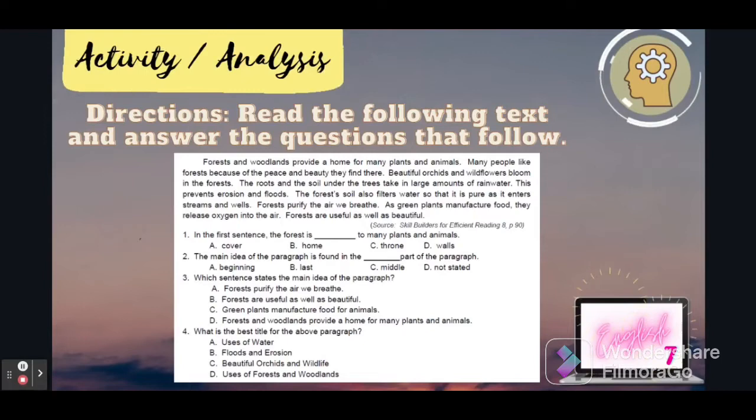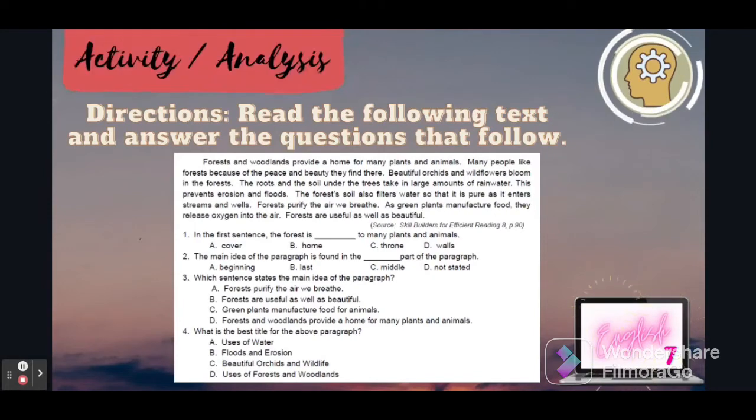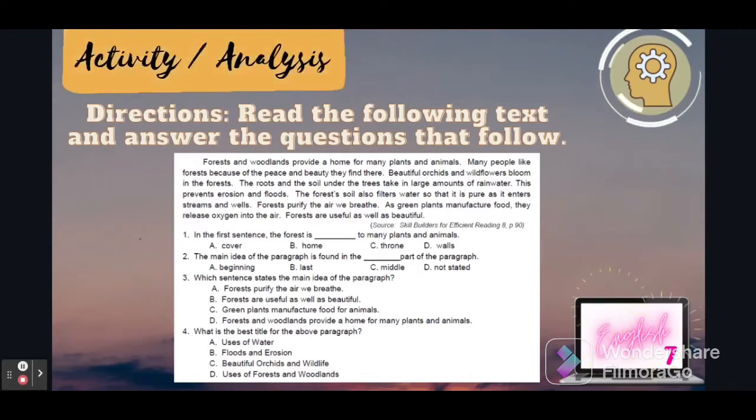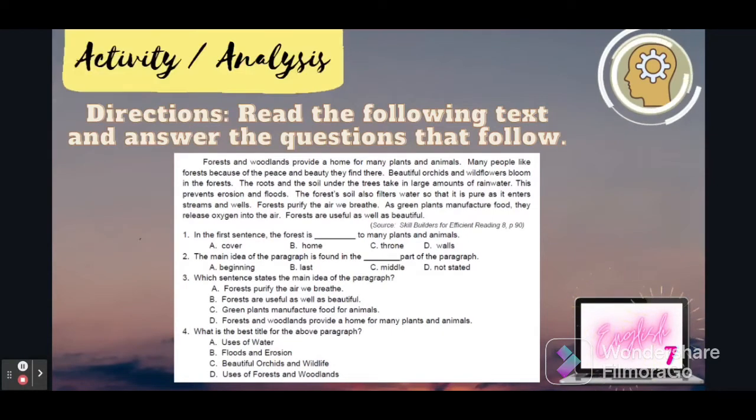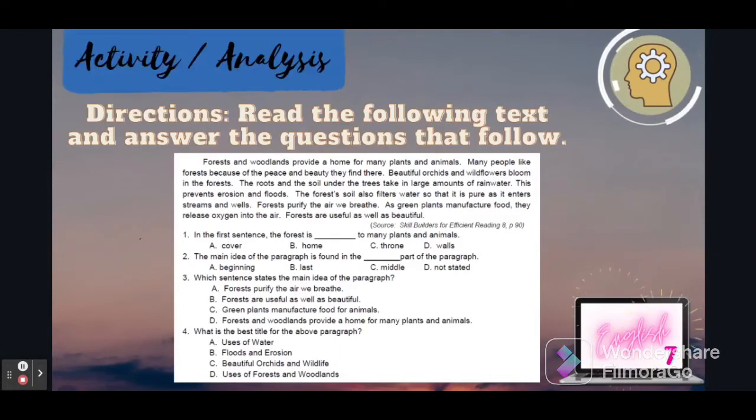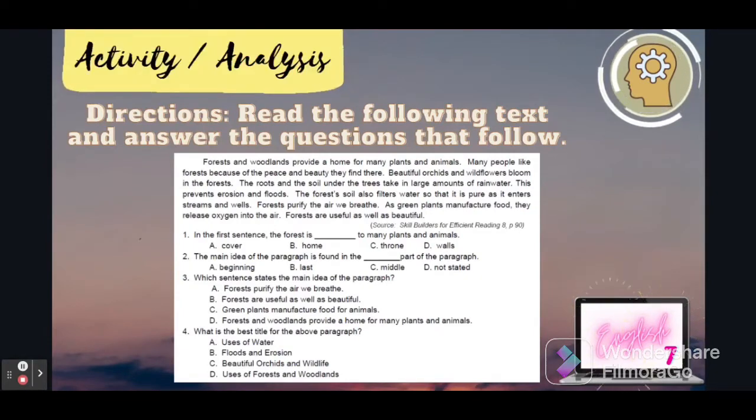You are given a minute to answer, and your timer starts now. 3, 2, 1, time's up.